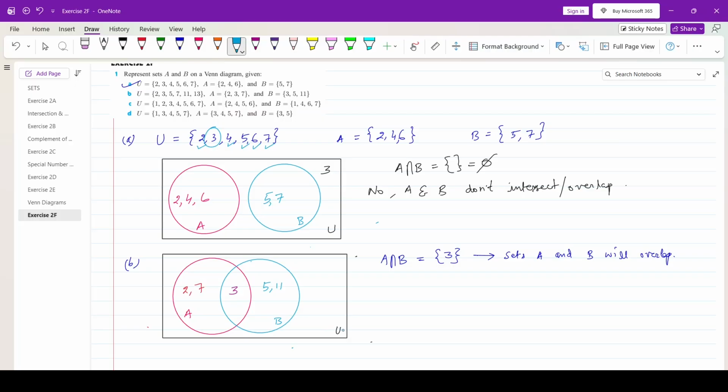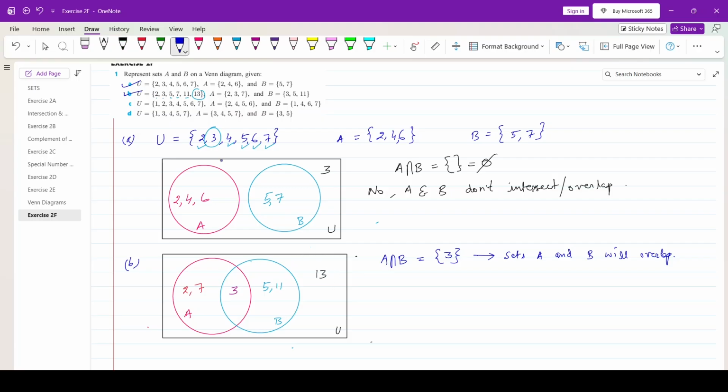And also for this universal set, we know we have taken 2, 3 already considered, 7 is considered, 5 is also considered, 11 we have considered, 13 remains. 13 has not been considered anywhere, so 13 will come inside this universal set but outside set A and B. Therefore 13 will come over here.